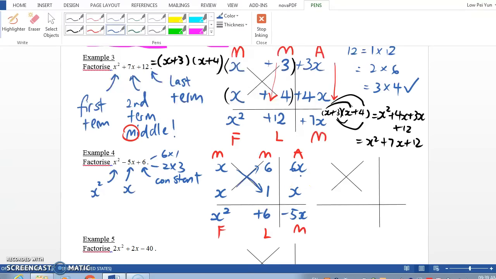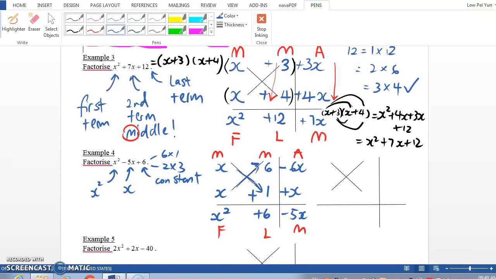So in order to give me negative 5, well, I think about how to place the signs. Negative, positive. This will give me negative 5x when I add them together. So like what I've mentioned, the signs follow negative, positive.